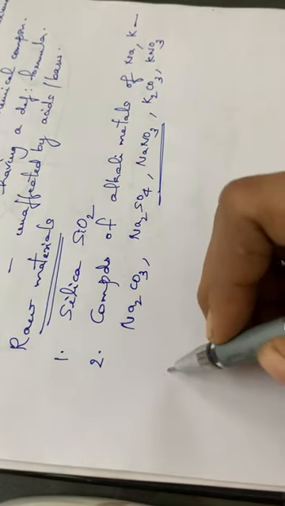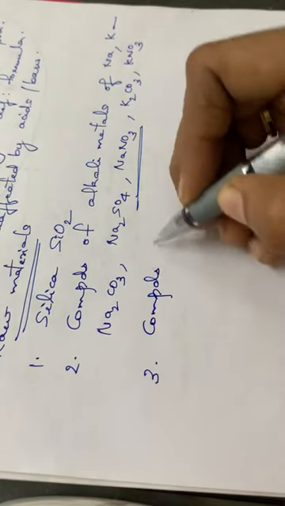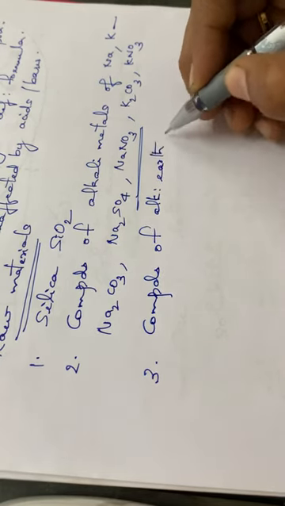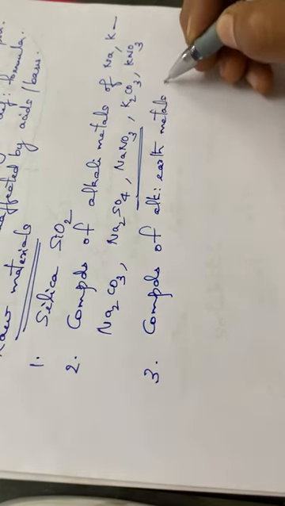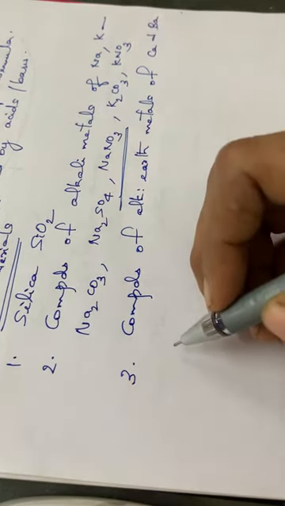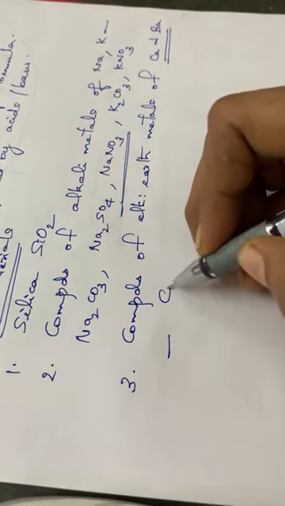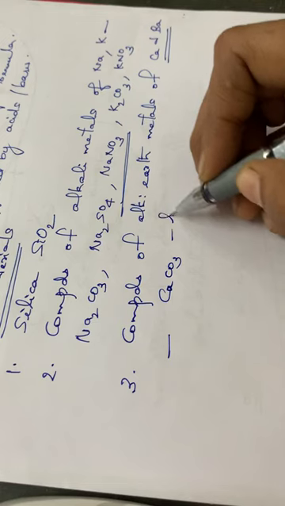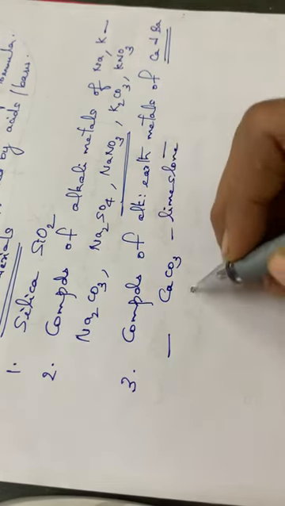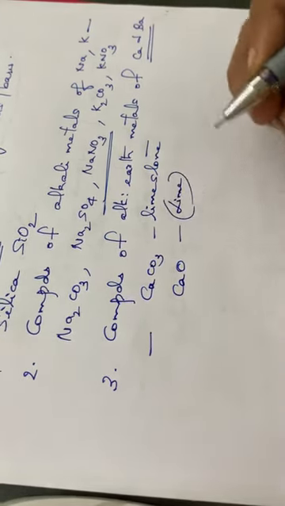Then the third one is the compounds of alkaline earth metals, of calcium and barium. The compounds used are calcium carbonate, which, as you all know, is limestone, and calcium oxide, that is lime.